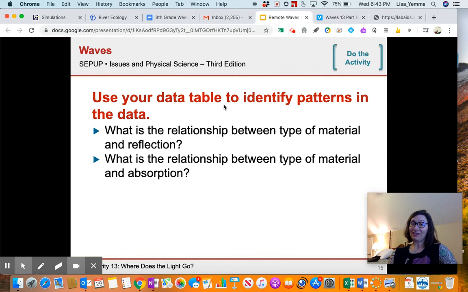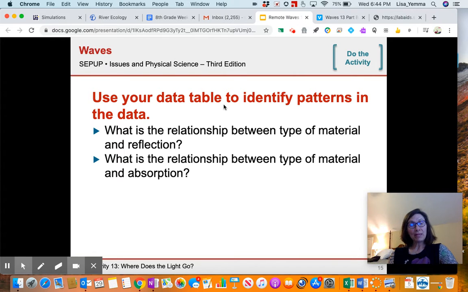Now that you have collected that change in temperature, what do you notice? Scientists collect data because we're looking for patterns, correlations, relationships. Can we tell there's a cause and effect, or does it just look like there's a relationship where the patterns are similar, and I'm not sure if one causes the other?